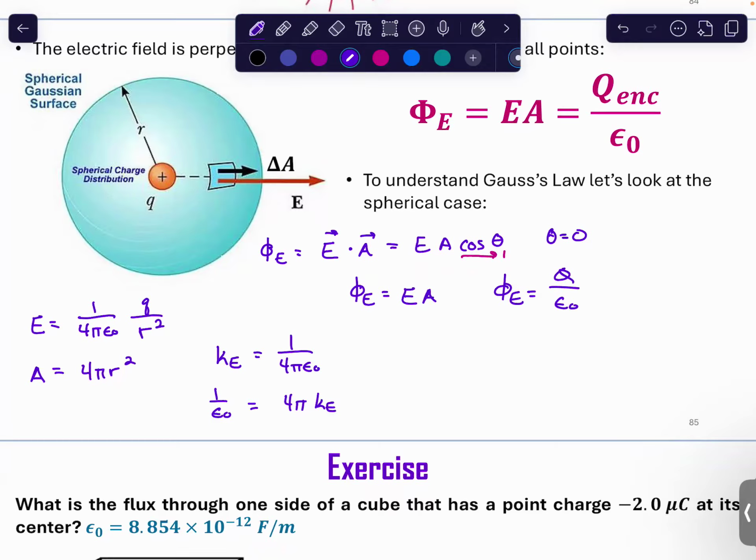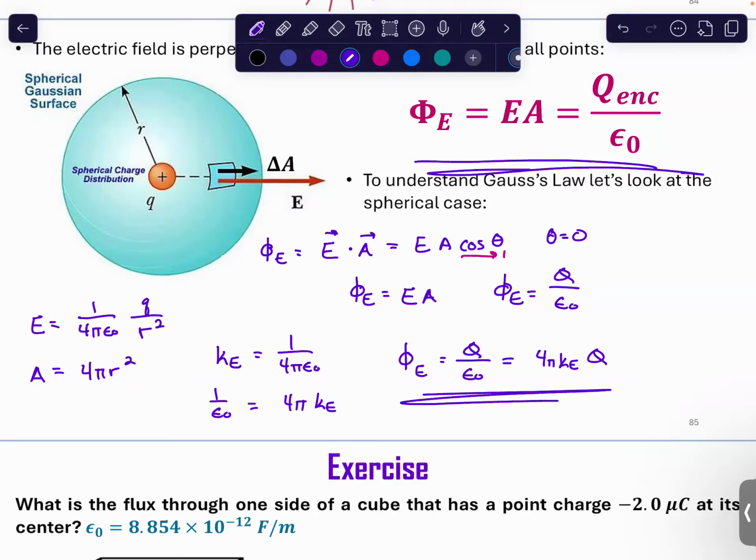And so what this gets us is our phi. So this is just another way to represent Gauss's law that can help you solve problems. And so then our 1 over epsilon 0, that's going to make this 4 pi keQ. So again, you can use that to solve problems.